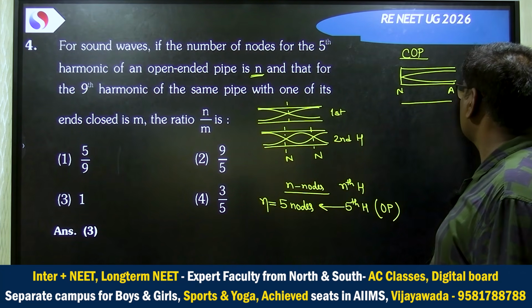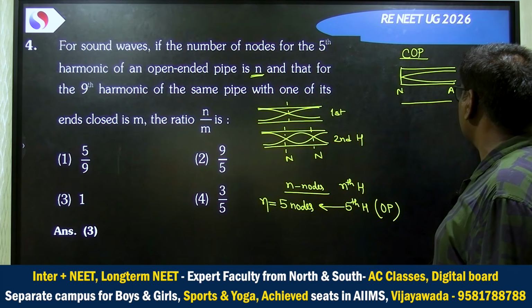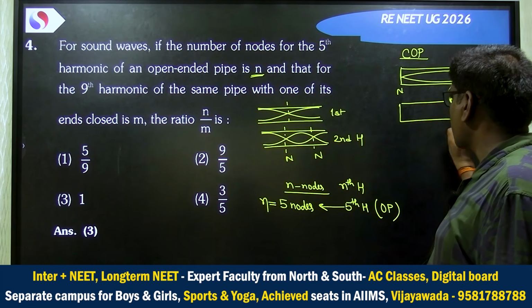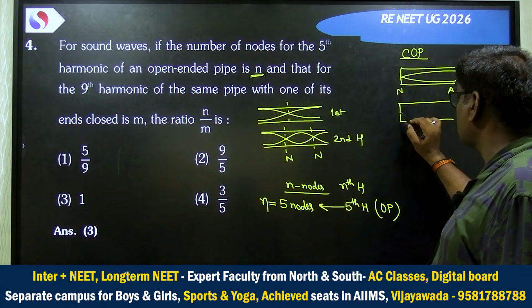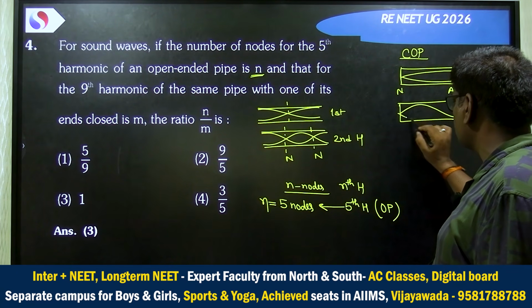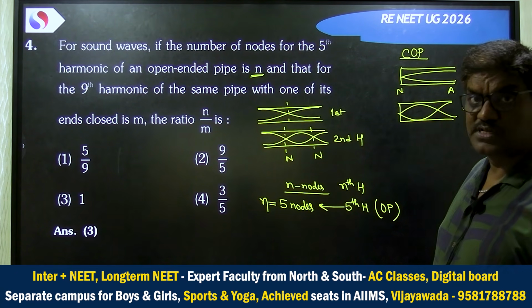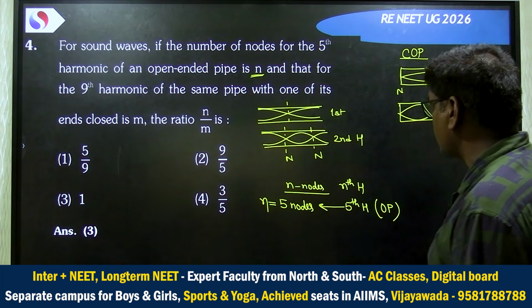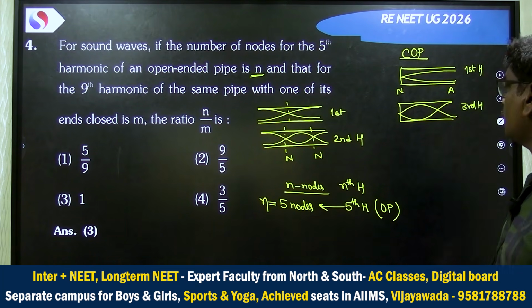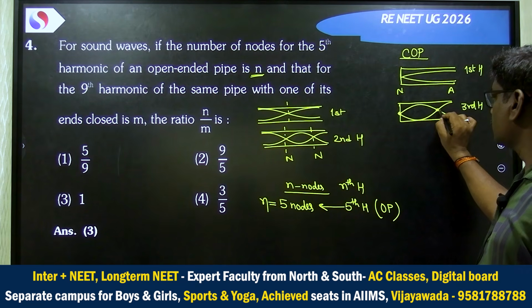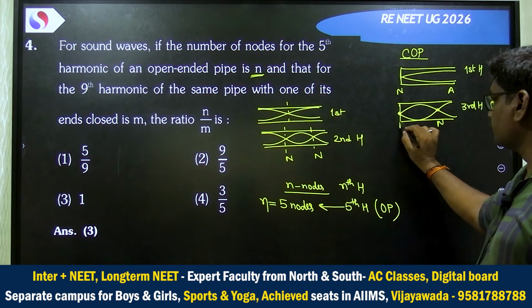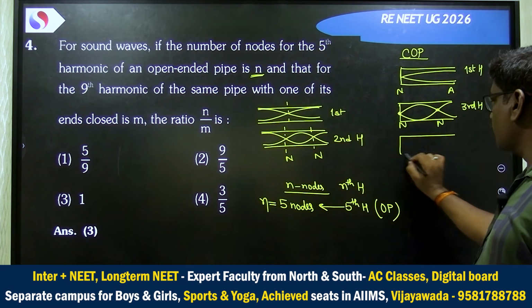Next after the fundamental, which is the first harmonic, will be the second overtone, which is the third harmonic. So the third harmonic will be like this. All these diagrams are the displacement node and anti-node diagrams. Mind it. Now here if you see how many nodes there are, you can clearly see there are 2 nodes. Similarly, the next harmonic will be the fifth harmonic.